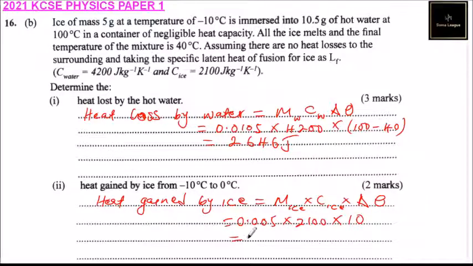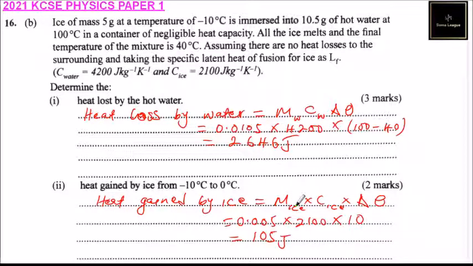You compute that, you get 105 joules. So that is the heat gained by ice from minus 10 degrees centigrade to 0 degrees centigrade.